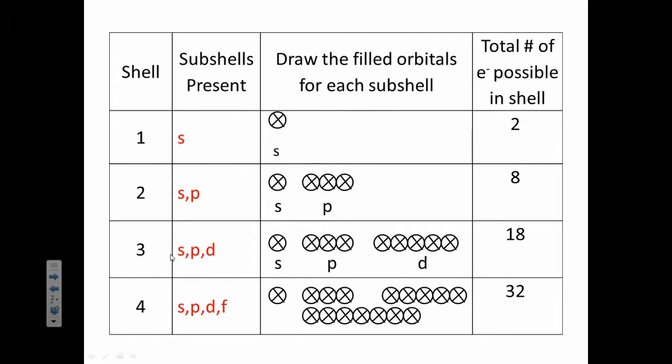Shell number 3, Bellevue, has the 1-bedroom apartment, the 3-bedroom apartments, and the 5-bedroom houses. So 10 electrons plus 6 plus these 2 makes 18. And then the 4th shell, Seattle, again has S, P, D, and now the 7-bedroom mansion. So it can hold a max of 32 electrons in its shell.